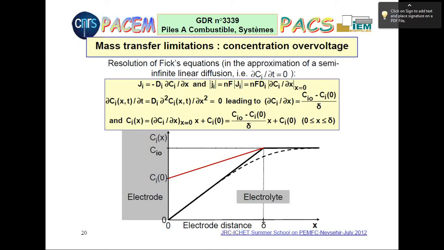Okay? When the rate is increasing, this goes down to zero. You have zero concentration. The slope here is the gradient, so you have the maximum gradient at zero concentration at the electrode. So that's the maximum limiting current density for transportation of the species.